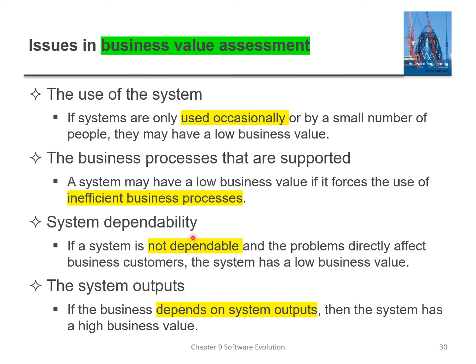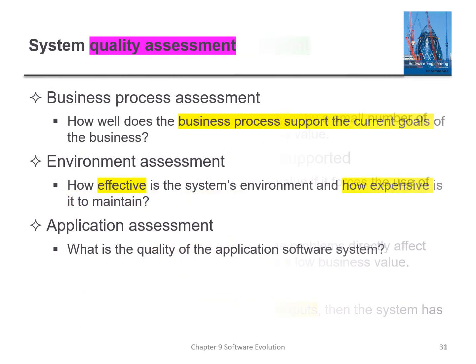We should bear in mind that in an organization there are many systems. The one we are talking about is a legacy system. Maybe there is a legacy system that the company is maintaining, but it is not being used anymore. So you need to do this analysis to decide whether to stop using it or to proceed.